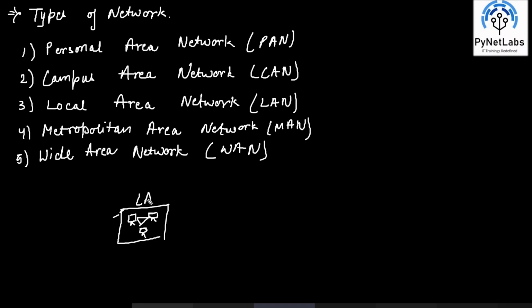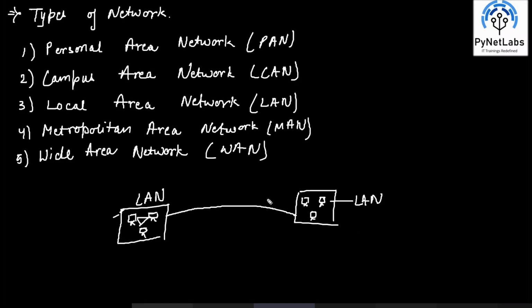And let's say there's another office of the same organization in another state, and there is also a local area network configured. Now, when you connect these two LANs together, you can call it a MAN as a whole.